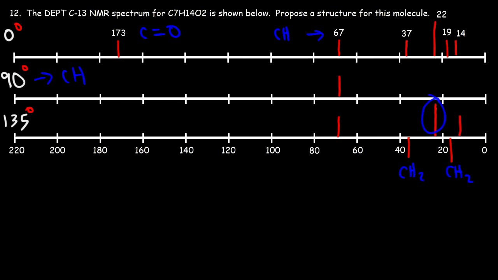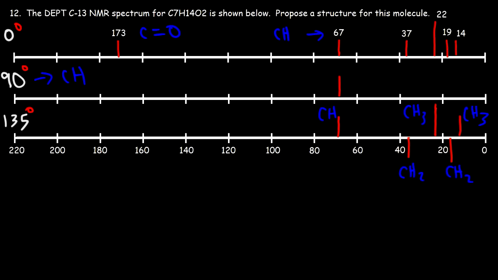So these other two signals here have to be methyl groups because they're not present at the 90-degree excitation angle. So at this point, we've identified all the peaks that we see here.